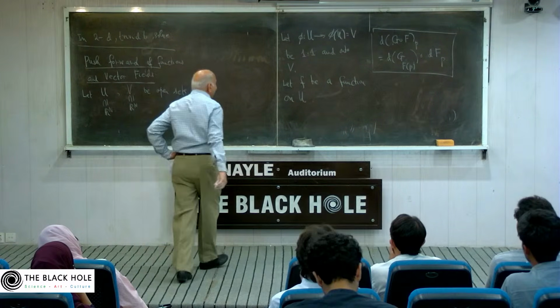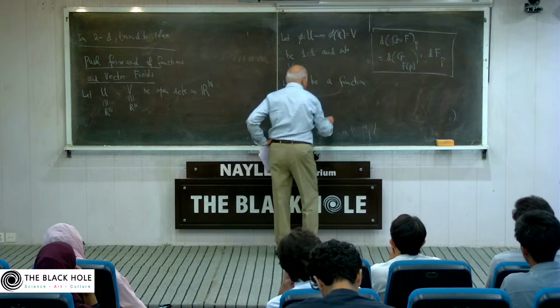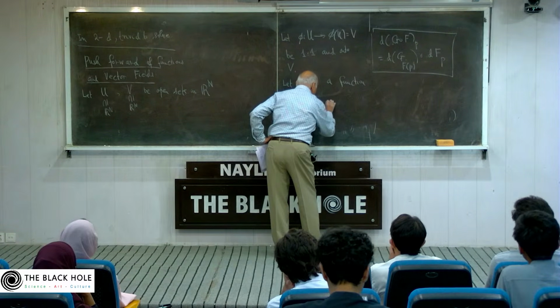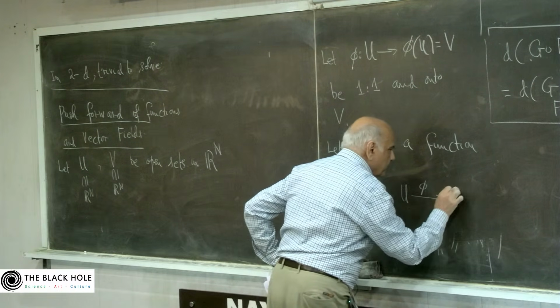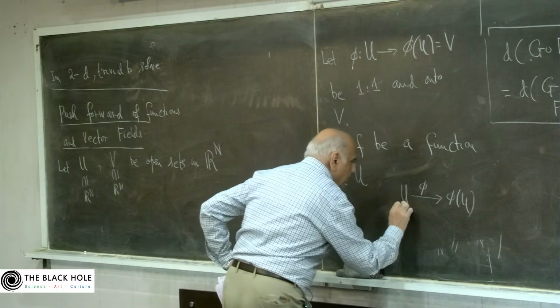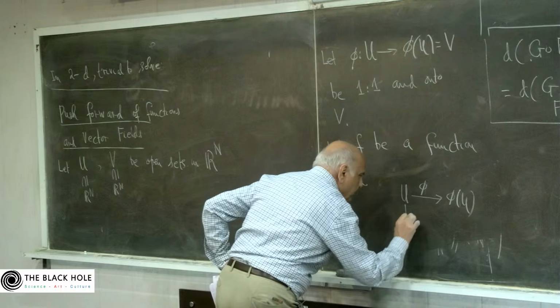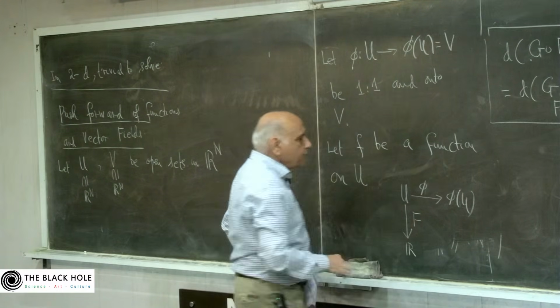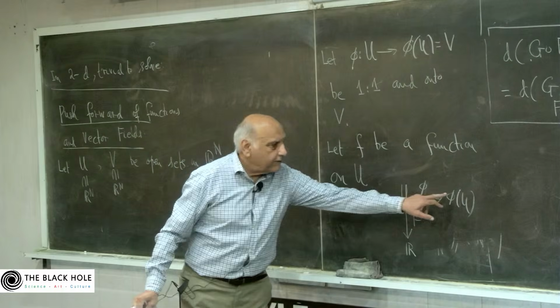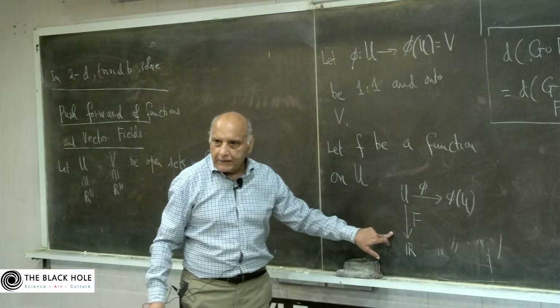So look at this: here is U and this is phi of U, and f is a function from U to the reals. So what should I do? I should take its inverse and compose with f, right?